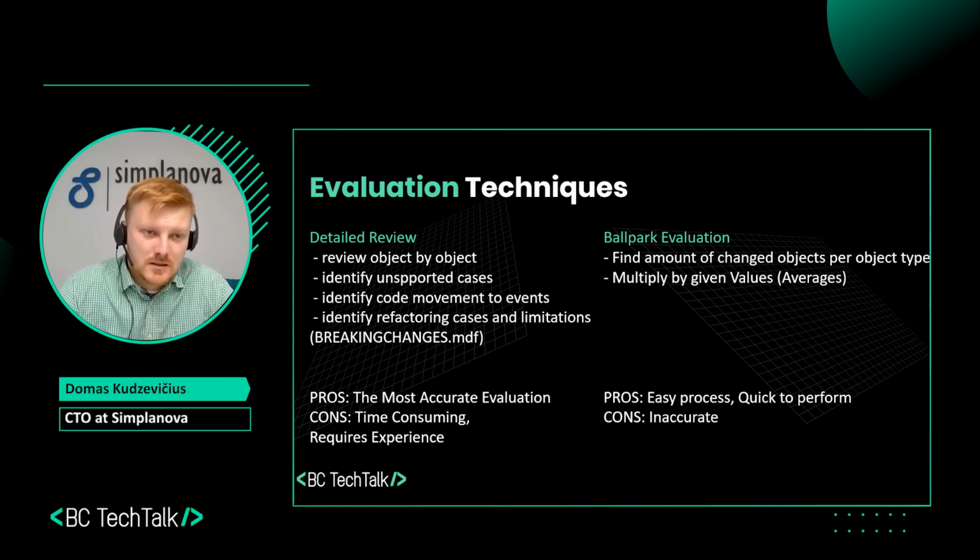So if you compare the two sets of files to the standard objects using the PowerShell script, you're going to go through each delta and check what's actually inside the object, look for unsupported cases, look at which code changes have to be moved to events, or which are going to hit some kind of limitation in AL.